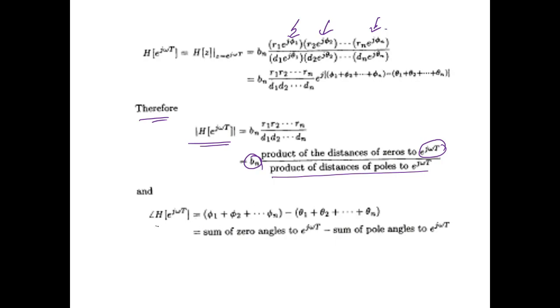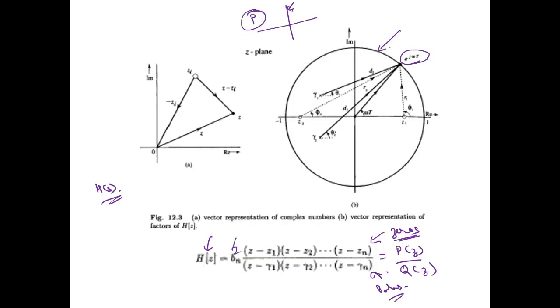And the phase is phi 1 plus phi 2 plus phi n minus theta 1 plus theta 2 plus theta n. So the sum of zero angles to e to the power j omega t minus the sum of pole angles to e to the power j omega t. To calculate the phase, you have to draw a line parallel to the x-axis, and then go in the anti-clockwise direction. So you need to remember this.